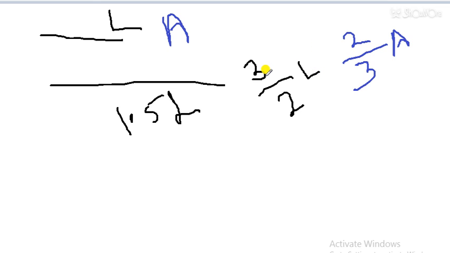That's why I am taking it as opposite to L. So 3 by 2 L, 3 by 2 will be here, 2 by 3 will be here. So opposite to this, if here we have 3 by 5, then here we will have 5 by 3.